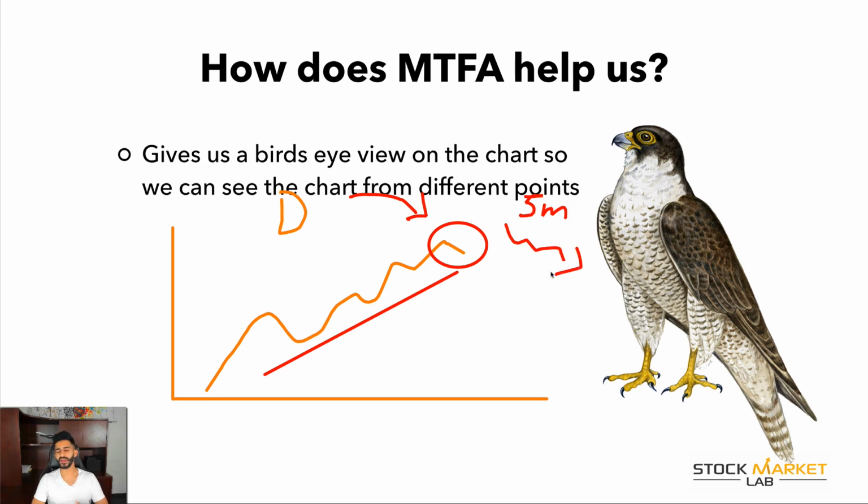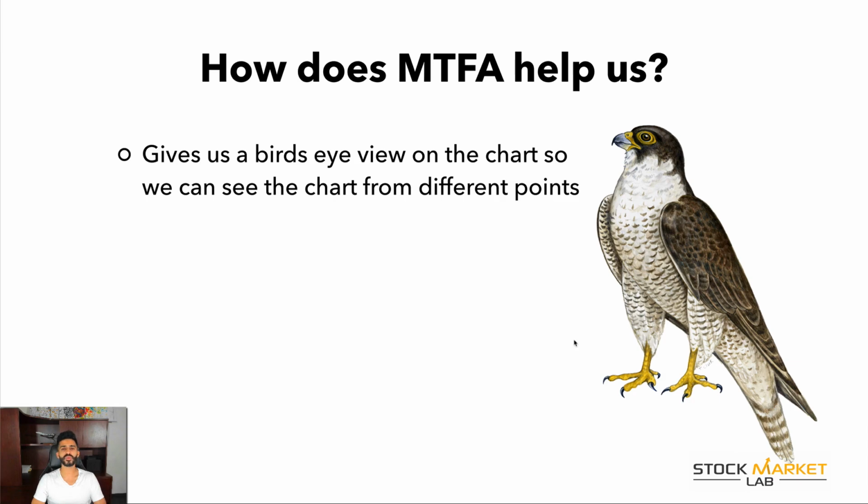So I might be more on the short side, or I might be against the stock because I'm like, oh no, it's in a downtrend. But when I take a step back and I look at multiple other time frames, I'm able to see that no, we're actually taking a break, or it's having a pullback. We're still in a large uptrend. It is still moving in an up direction, right? So we're able to see the chart from different perspectives when we use multiple time frame analysis.